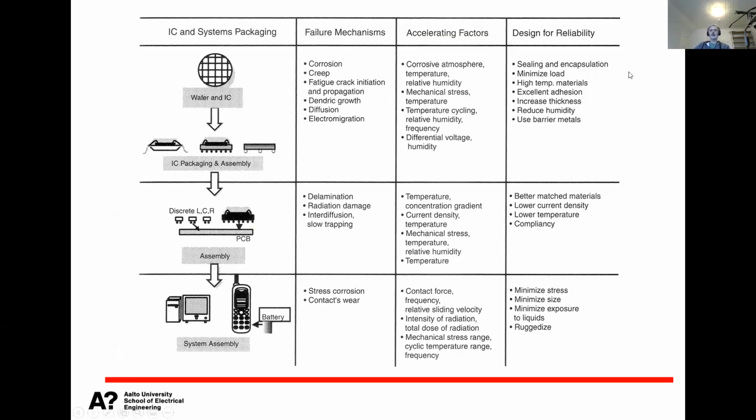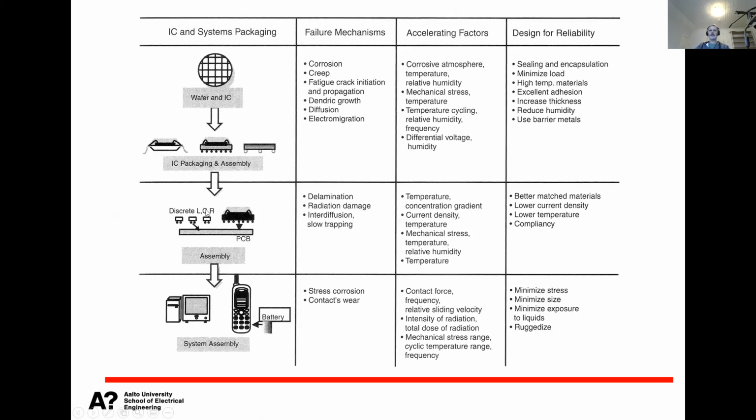So we start from the inside of an electronic product, the component level, then we go to the packaging level, and then to the board level: printed wiring board, solderings, and connectors.